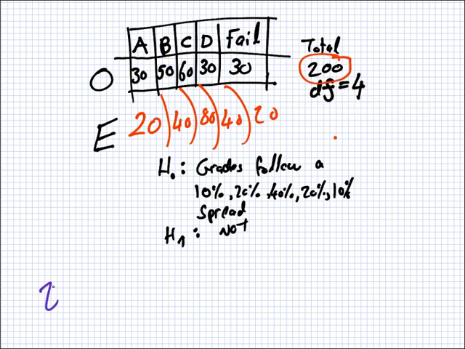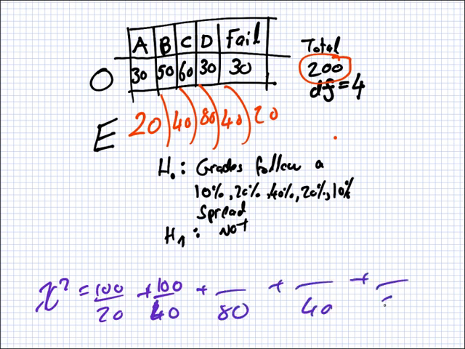So, the difference between 20 and 30 is 10. Squared is 100. 100 over 20 plus 100 again over 40, sorry, thank you. I'll just put the denominators in: 20, 40, 80, 40, and 20.